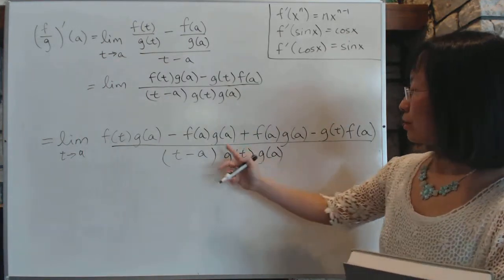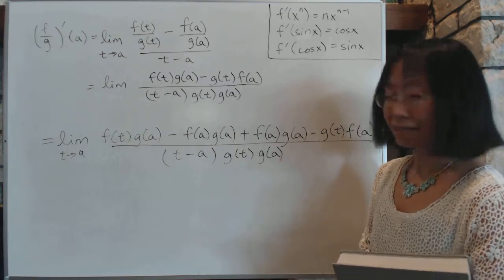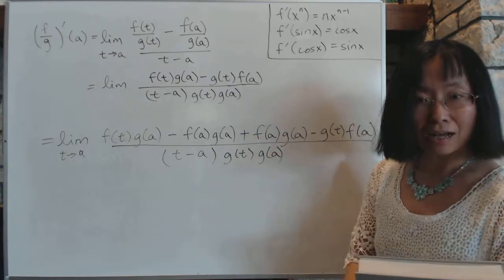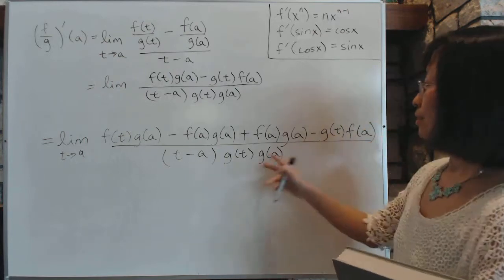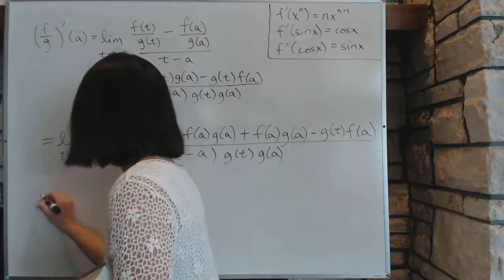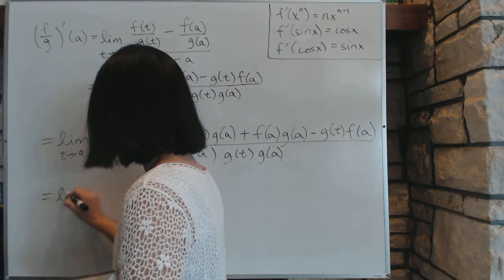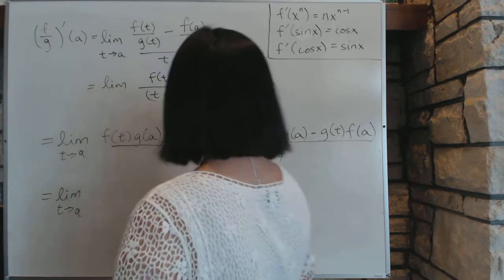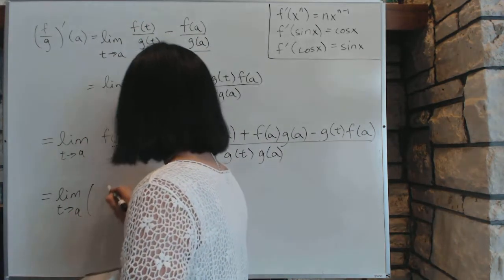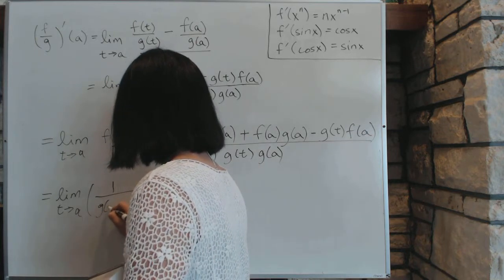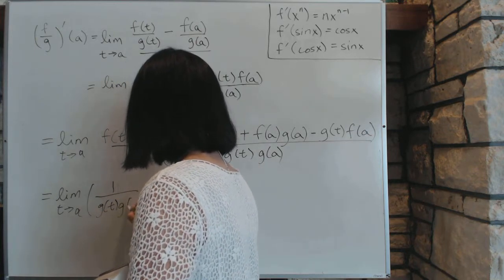And then we're going to pull an almost identical trick. This looks identical to the product rule basically, except that there's extra stuff here. But the extra stuff won't pose a problem. So we'll put this extra stuff, as t approaches a, up front as a fraction of 1 over g(t) times g(a).